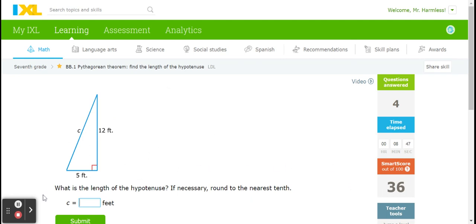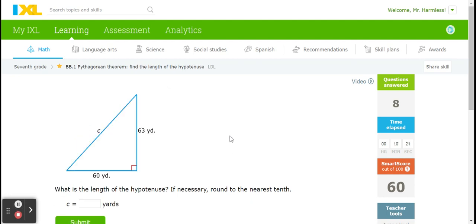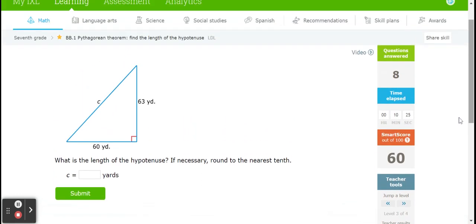I'm going to pause, but I'll try to do a few to see if they give you some weird ones when I get closer to the higher score. Okay, I've jumped ahead a little bit here, and after you jump ahead, they start giving you some bigger numbers. So let me just show you. These are still going to be the same. 60 squared plus 63 squared equals c squared. 60 squared is 3,600.